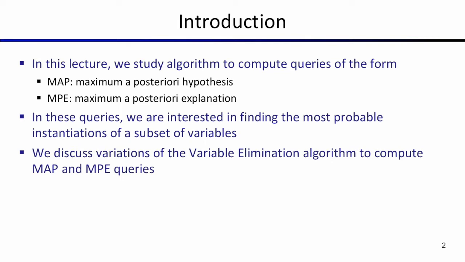In both cases, we are interested in finding assignments with the highest probability. The difference is that MAP tends to be more complicated because it involves a step of variable elimination, where MPE does not. So I'm going to study MPE first because it's simpler, and we're going to study the more general case of MAP later on, and we're going to see the difference.